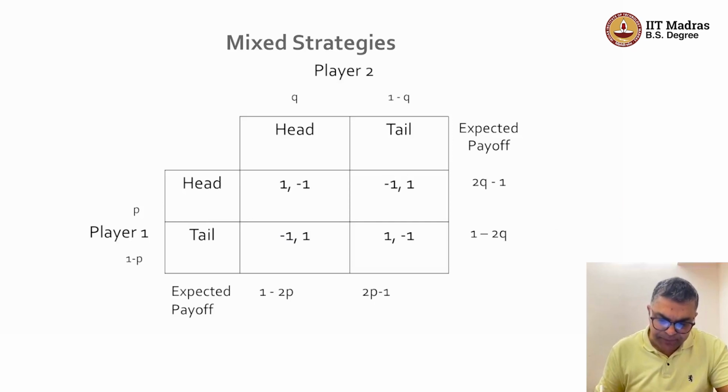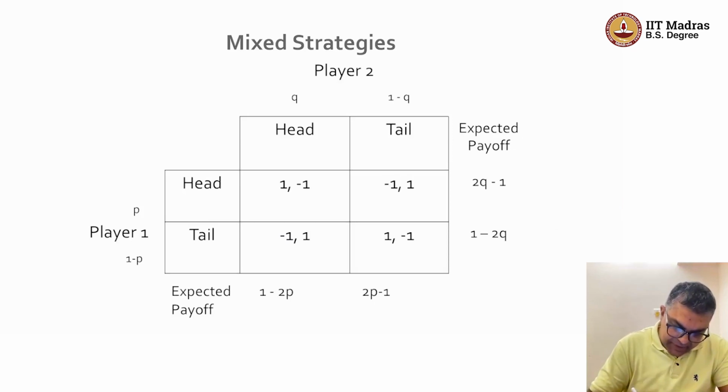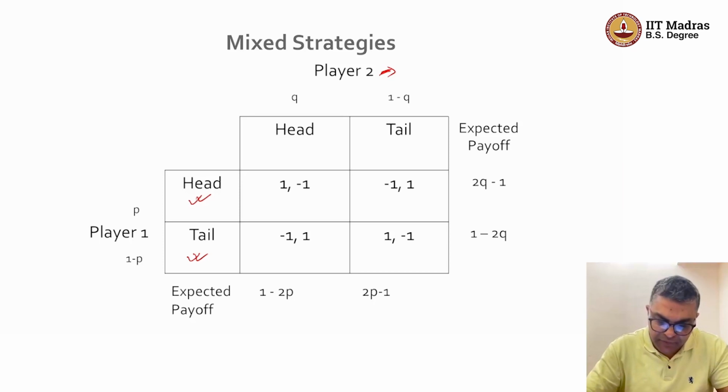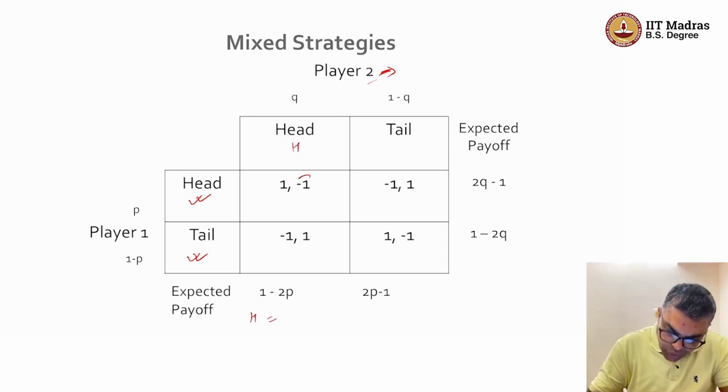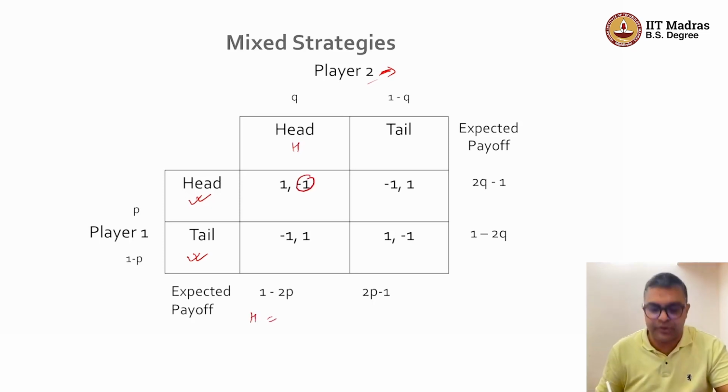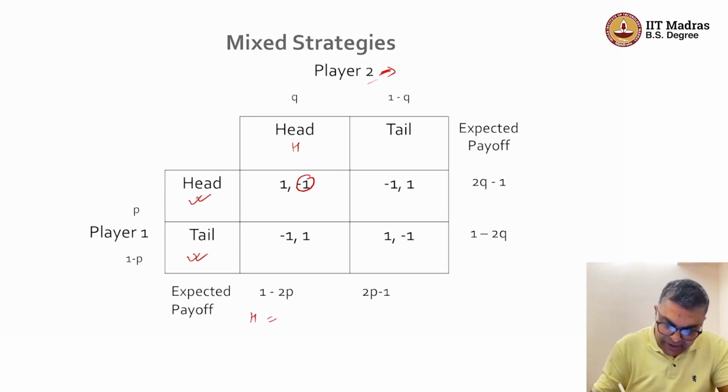And similarly, given player 1 is playing head with probability p and tail with probability 1 minus p, we can check player 2's expected payoff if player 2 plays head. So for head, we have to now pay attention to the second number because we are calculating the payoff for the second player.